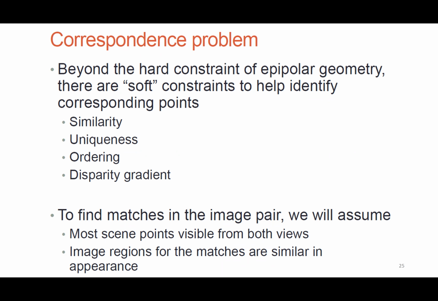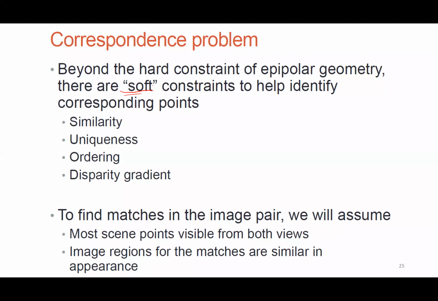Then, among all those pixels on that epipolar line, you need to find where the correct match is. That is referred to as a soft constraint, because it could take one of the many values on that line, and depending on the type of model you are making, it would vary a bit.